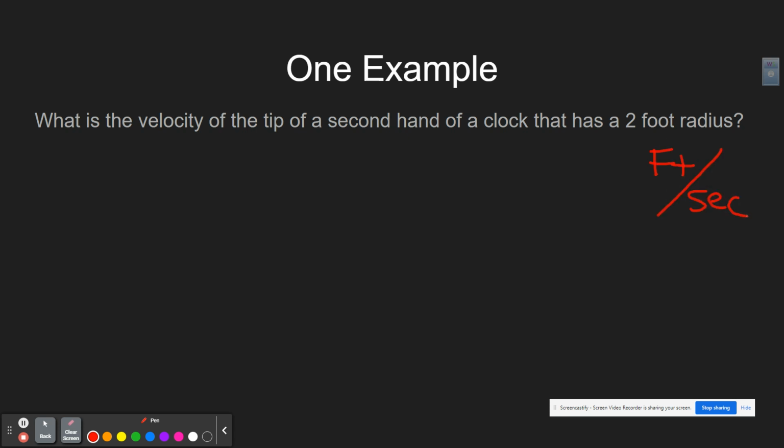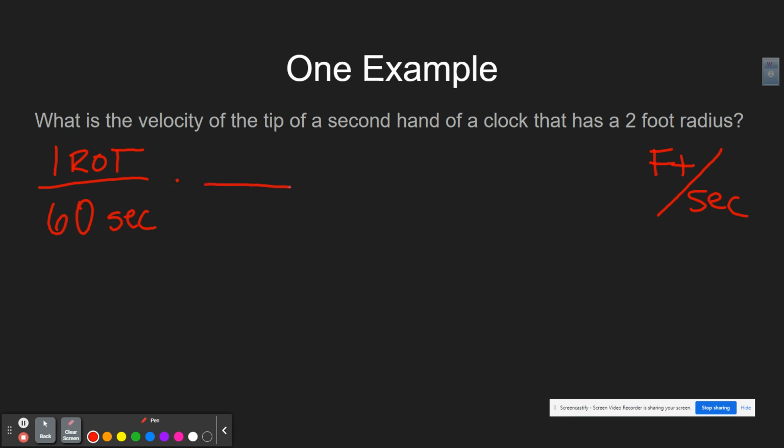Well, right now what we have is one rotation in 60 seconds. So right now we have rotations per second. We want feet per second. Oh, well, it gives us the radius, right?